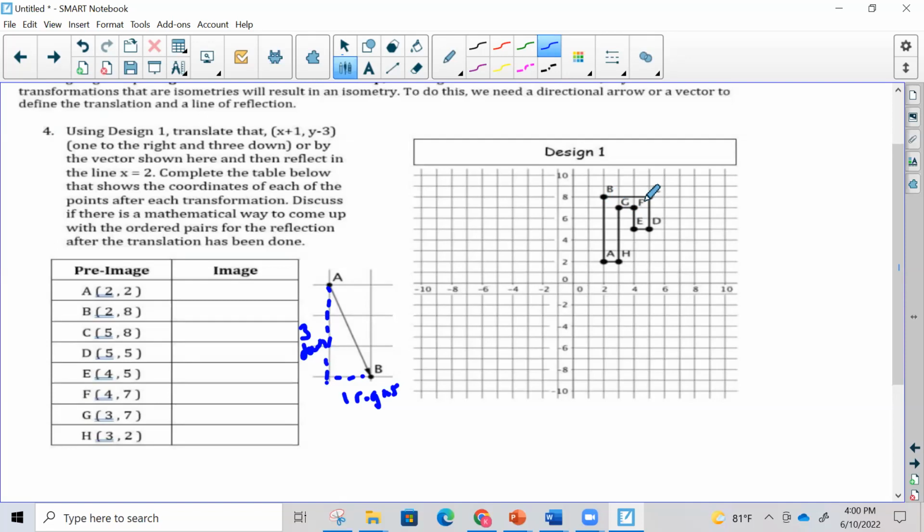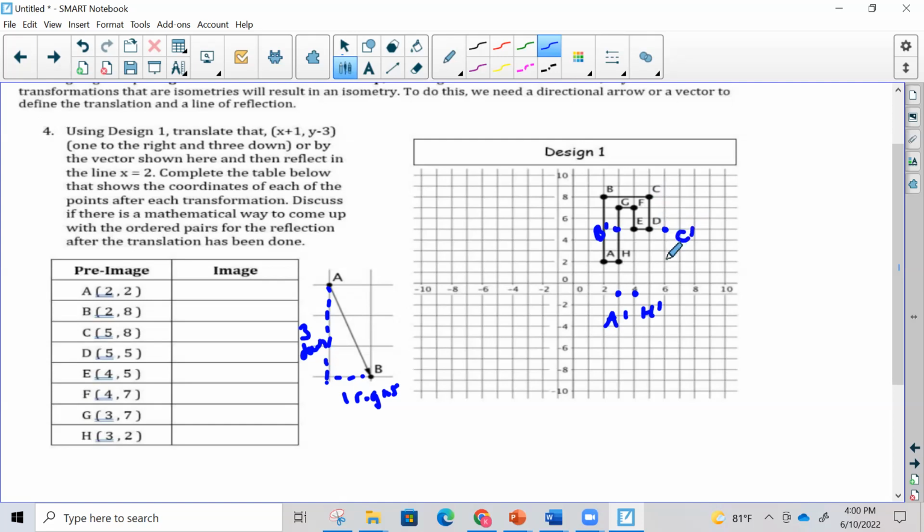So for X plus 1, Y minus 3, I'm going to move each point 1 to the right and down 3. So A, I'm going to go 1 to the right, down 3. And that's going to be my new A prime. H, 1 to the right, down 3. B, 1 to the right, down 3. C, 1 to the right, down 3.